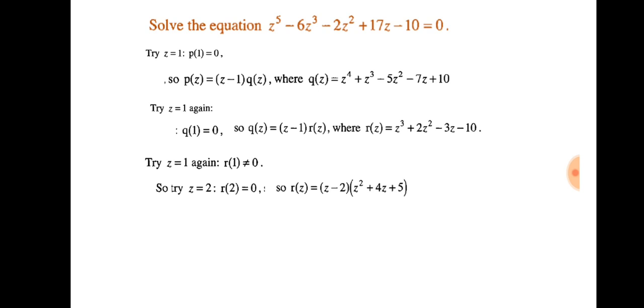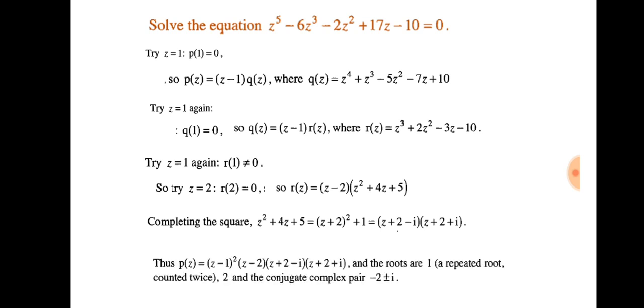So we can write r of z equal to z minus 2 times z square plus 4z plus 5. So we can write z square plus 4z plus 5 using the completing the square method as z plus 2 whole square plus 1, which is equal to z plus 2 minus i times z plus 2 plus i.